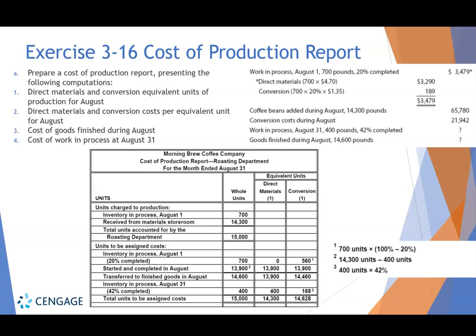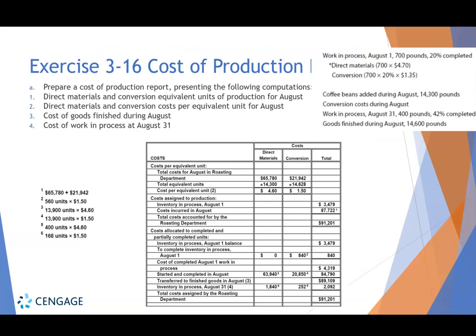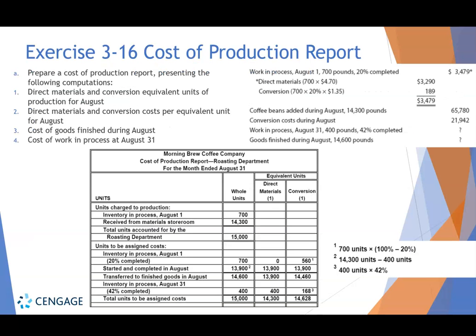So what were the equivalent units during the month? We have to say 700 pounds times 80% complete, which would be 560 units. We started and completed during the period 14,300 units minus the 400 units that are on hand at the end of the period.